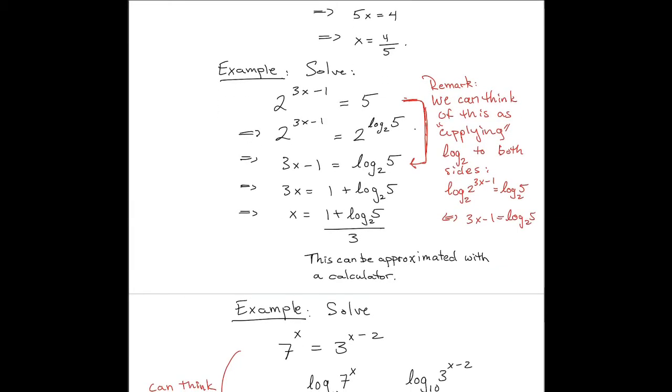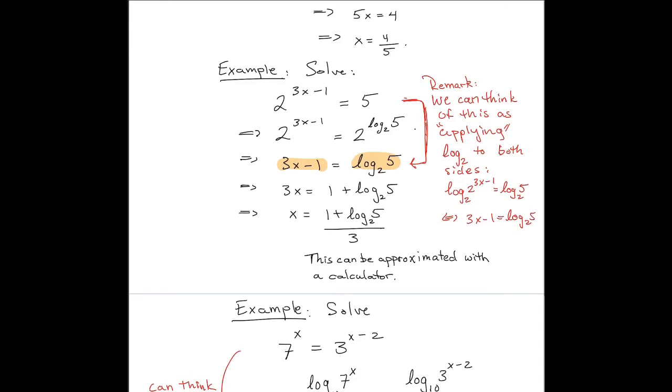Now we're solving this equation. That's tricky because we need a calculator to approximate, but we can get an exact answer this way. Let's still write 5 as 2 to some power, but it's exactly 2 to the log base 2 of 5. That's exactly what log base 2 of 5 is. It's the exponent 2 needs to give you 5. So when we do that, we see that 3x must be equal to log base 2 of 5.